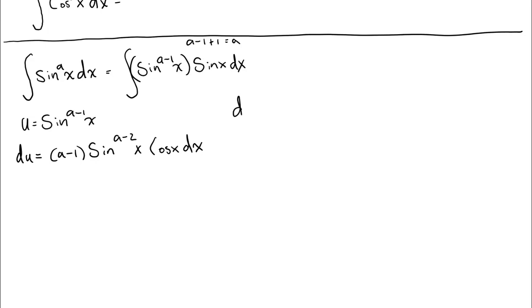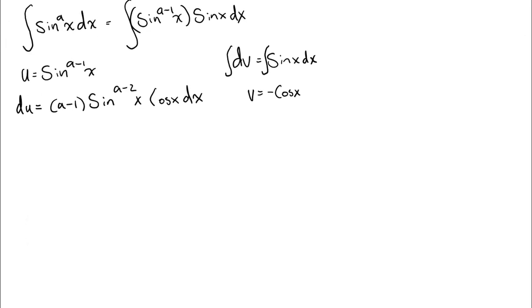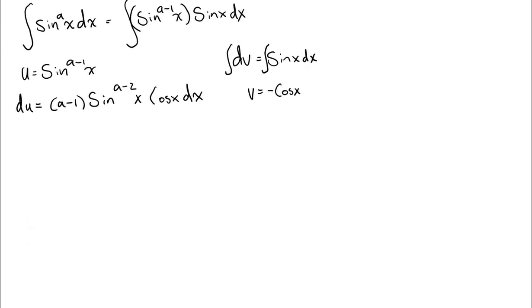Now, computing our dv, our dv is sine of x dx, and if we integrate, we find that our v is going to equal the integral of sine of x dx, which is negative cosine of x. I have to remember the negative there. Now, we can rewrite this using integration by parts.